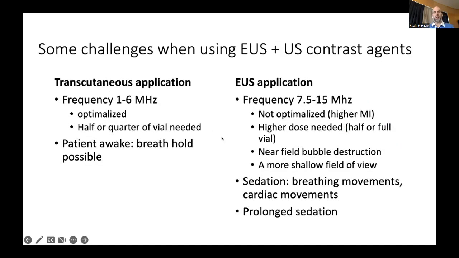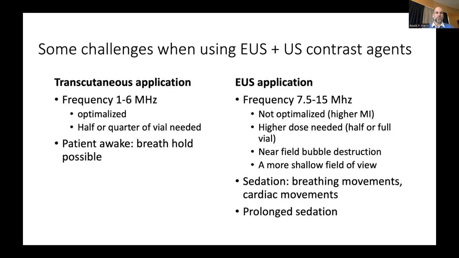There are some challenges we have to know about when we deal with EUS and contrast agents. When we apply transcutaneous application, we use frequencies around 1 to 6 megahertz, and the contrast media are optimized to deal with these frequencies.